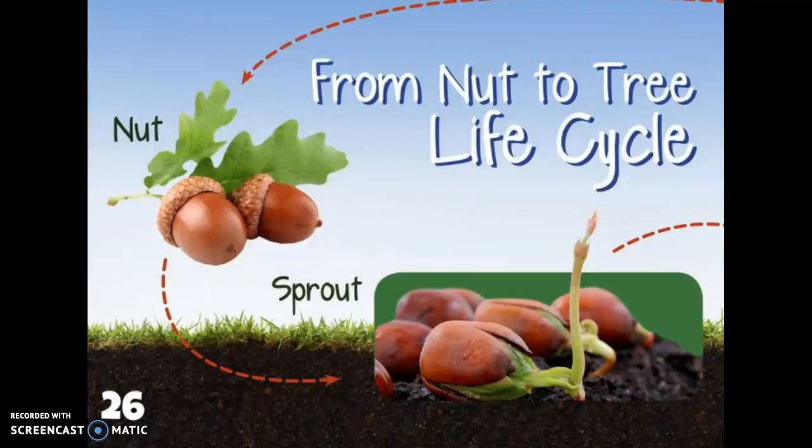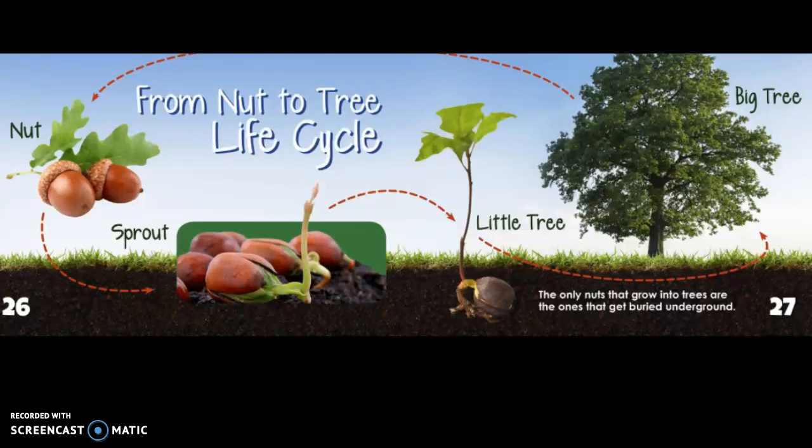Look at this chart the author gave us. It says, from nut to tree life cycle. Wow, look at these 2 pages. We start with the nut, which goes down into the soil to sprout into a little tree, which turns into a big tree.